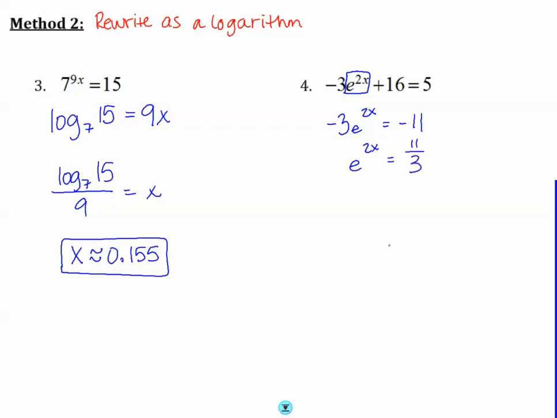Now, if I want to switch this to a logarithm, I would have log base e, which if you remember from the last notes, is natural log of 11/3 equals 2x. So then natural log of 11/3 over 2 gives me x.